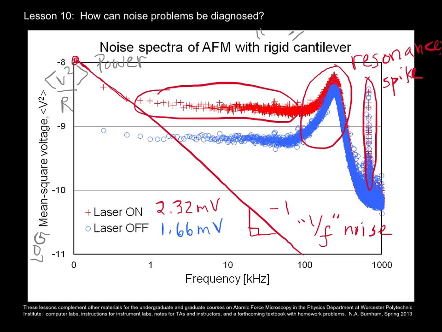If we were to extend this frequency range, we'd see a flat response going out. This is called white noise. Okay. White in the sense of all frequencies, like white light is a combination of all the different colors.